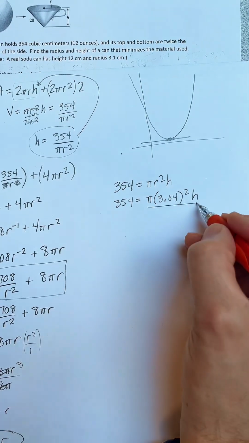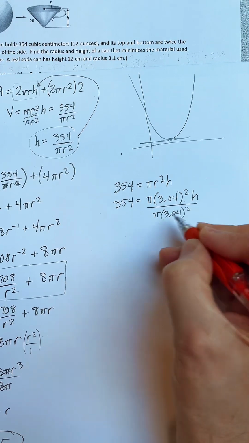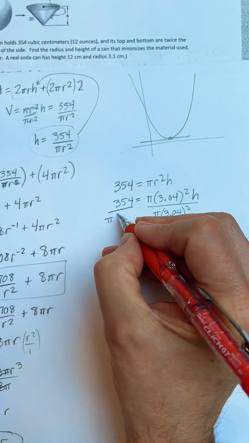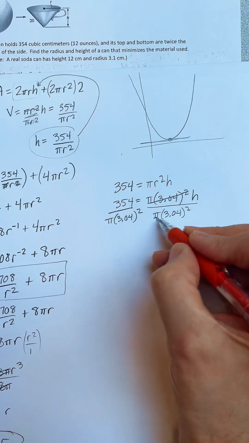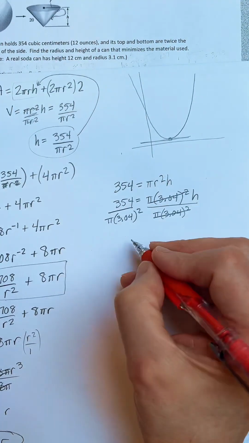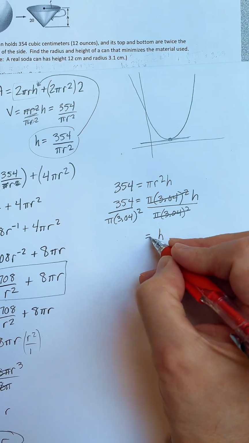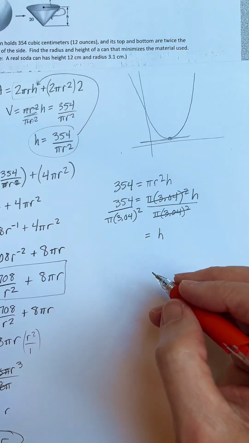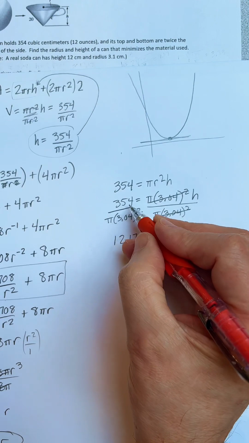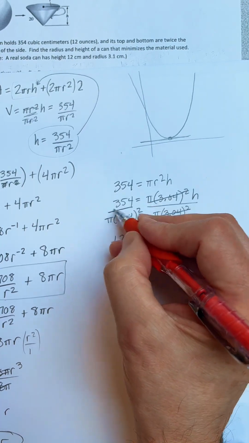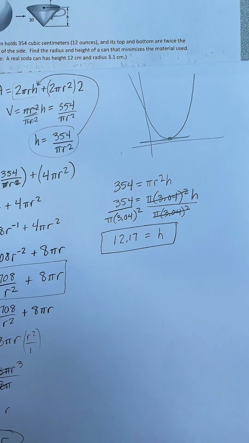I'll just divide both sides by pi times 3.04 squared. So now this is gone, and h equals what this mathematically boils down to, which is, where's my answer? 12.17. If we square this, multiply it times pi, take that, divide it by that, you end up with 12.17 for h.